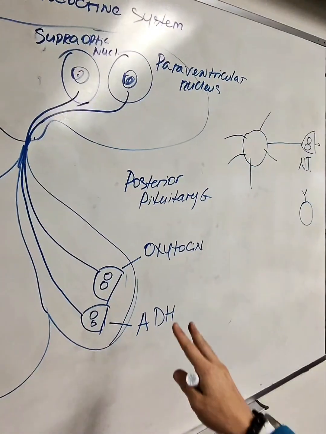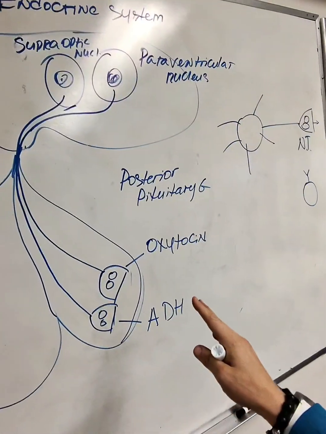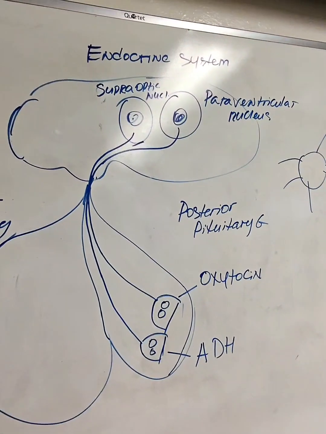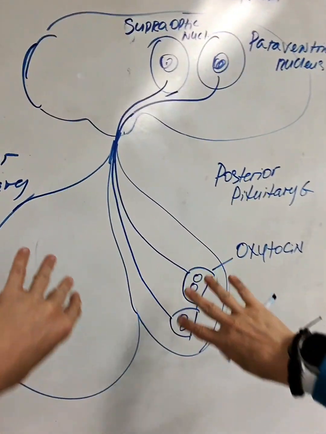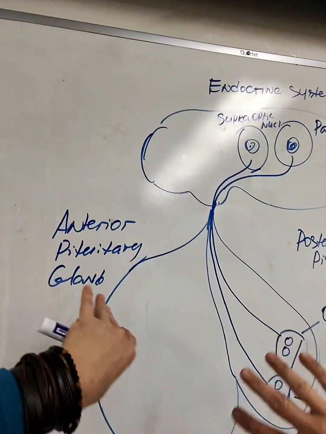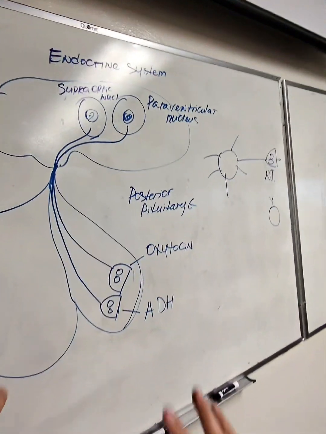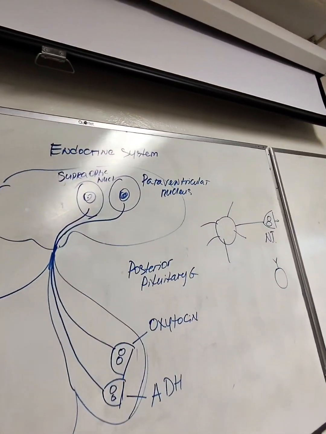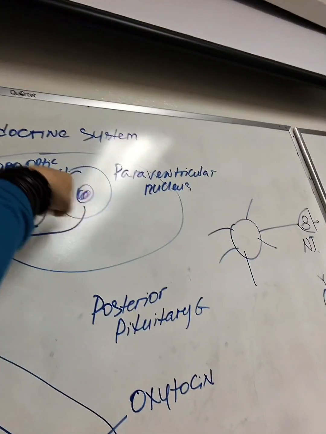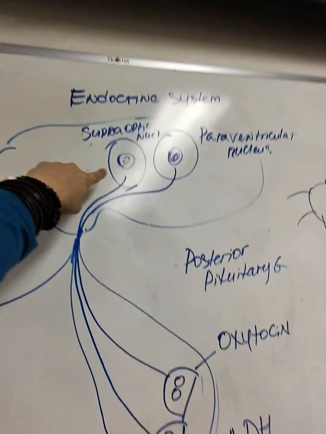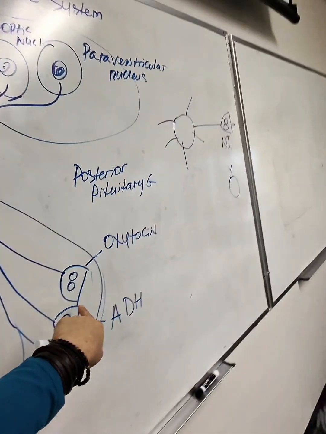We will discuss functionalities of each hormone in the second installment. So here's just the explanation between these two, posterior and anterior pituitary gland, because the physiology is slightly different. So we make hormones within the hypothalamus, within the cell body's nucleus, and we send them and store them here.